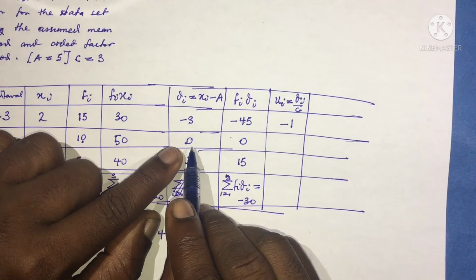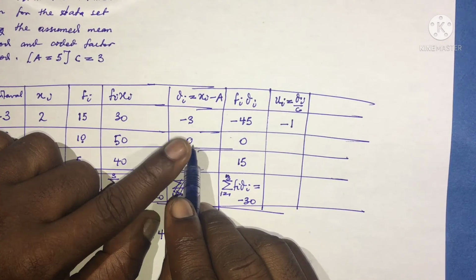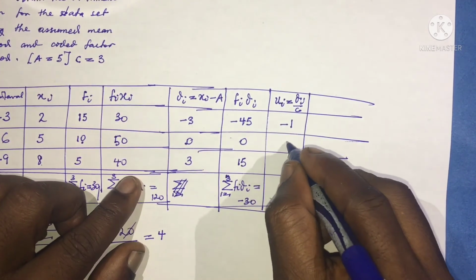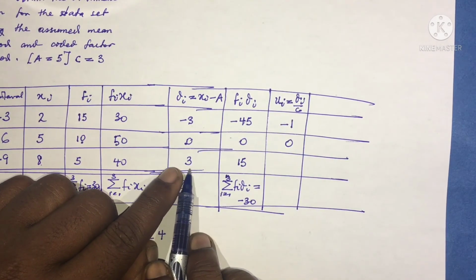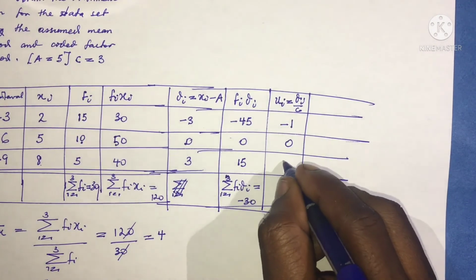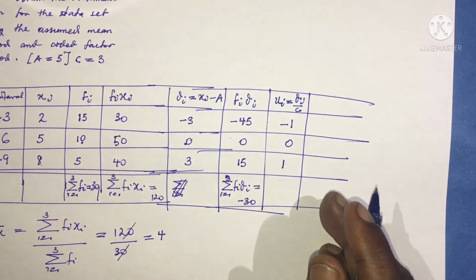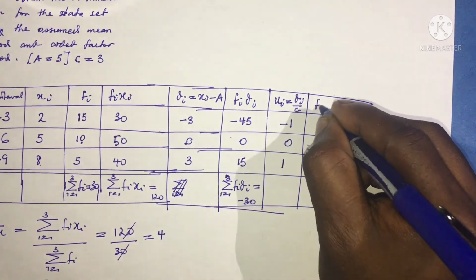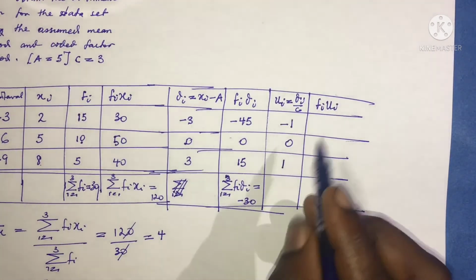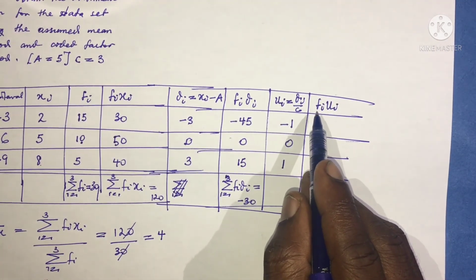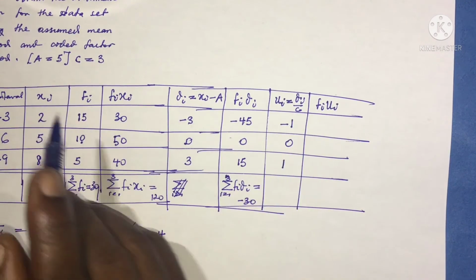What did we get as our di over here? It was 0. 0 divided by 3 is 0. What did we get as our di here? It was 3. 3 divided by 3 is 1. So we would now create a column for fiui. In this column, we shall be multiplying each of our fi with our ui.